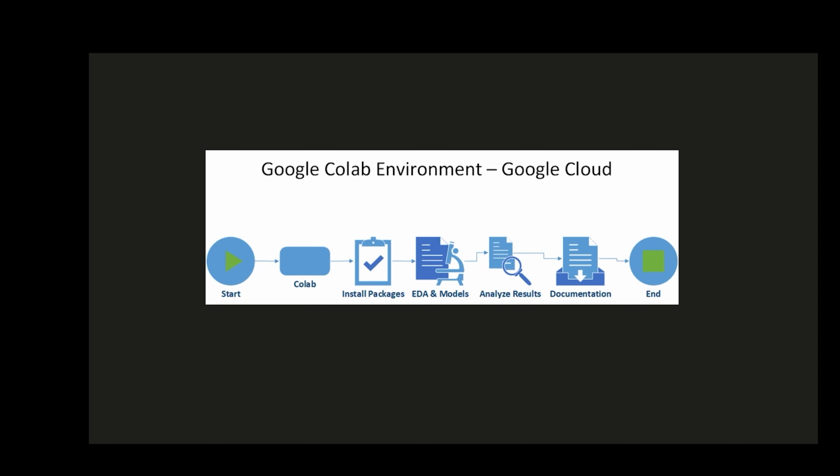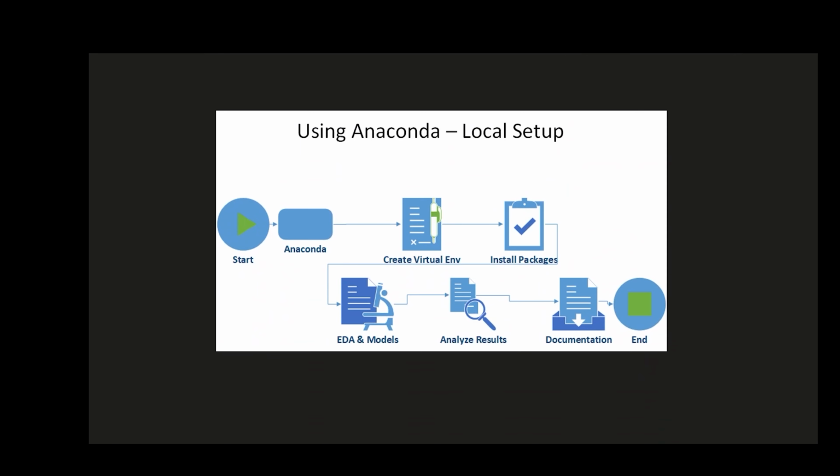Or we can also do a similar pipeline with the help of a local Anaconda machine. The only difference is that instead of Colab, which is a cloud-based server, we'll have to run that through Anaconda on our local machine. So I hope you have understood that, and you can watch this video again if you have missed any of the steps. And going forward, we will discuss the further steps.